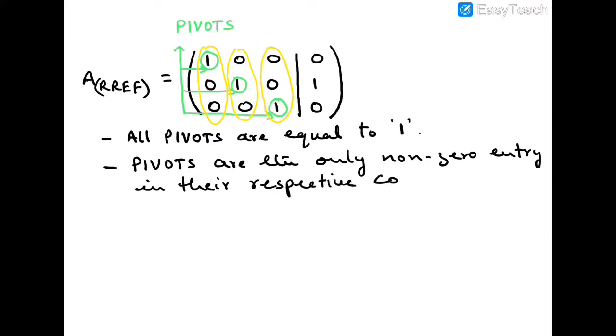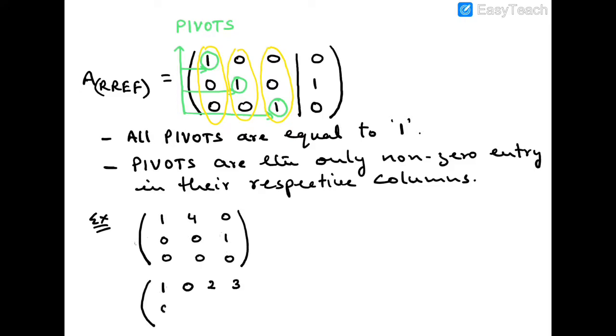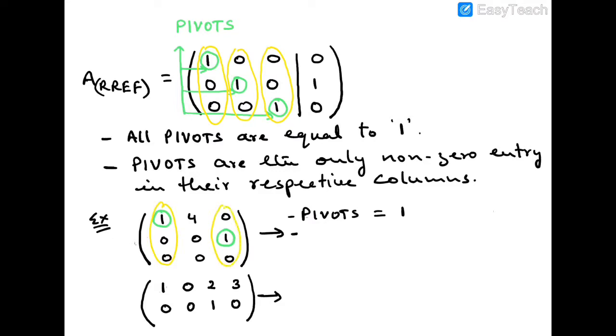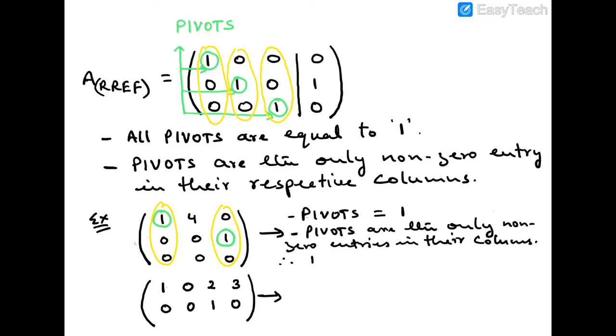Now let's take two matrices. First one is 1 4 0, 0 0 1, 0 0 0, and the second one is 1 0 2 3, 0 0 1 0. So now in first matrix pivots are 1 and pivots are the only non-zero entries in their respective columns. So we can say that this matrix is in reduced row echelon form.